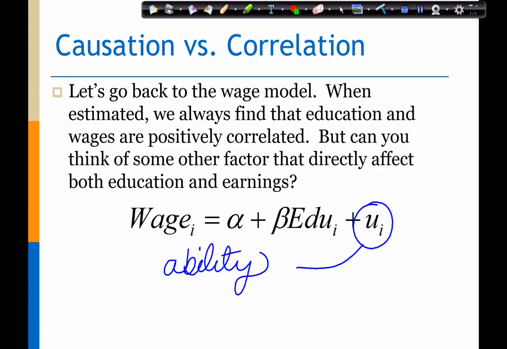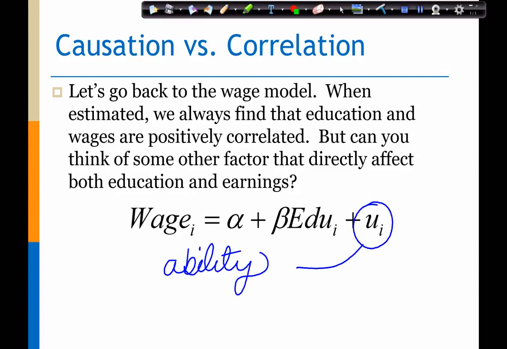And we think that ability is positively correlated with education because if you're more able, then it's easier for you to get an education. But we also think that ability affects wages. Sometimes we just don't have the data to control for ability.